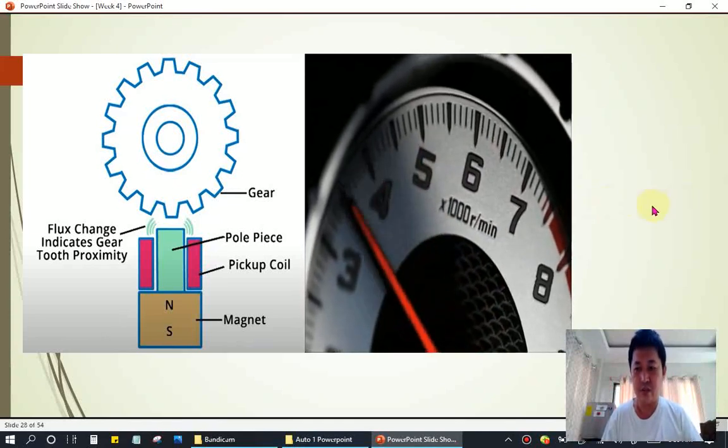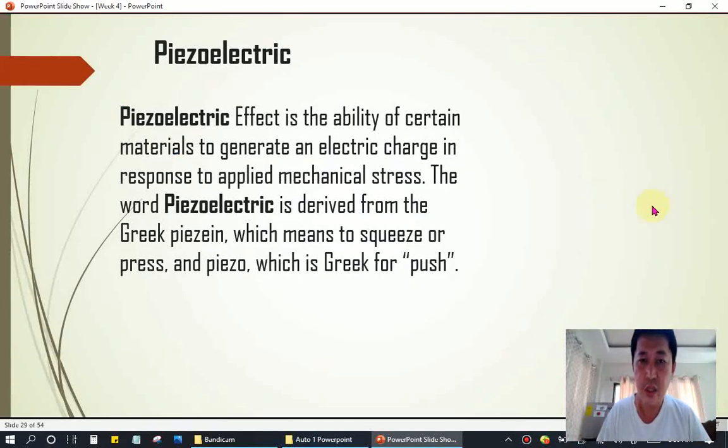So next, we have here also the piezoelectric. What is piezoelectric? The piezoelectric effect is the ability of certain materials to generate an electric charge in response to applied mechanical stress. The word piezoelectric is derived from the Greek piezein, which means to squeeze or press, and piezo, which is Greek for push.